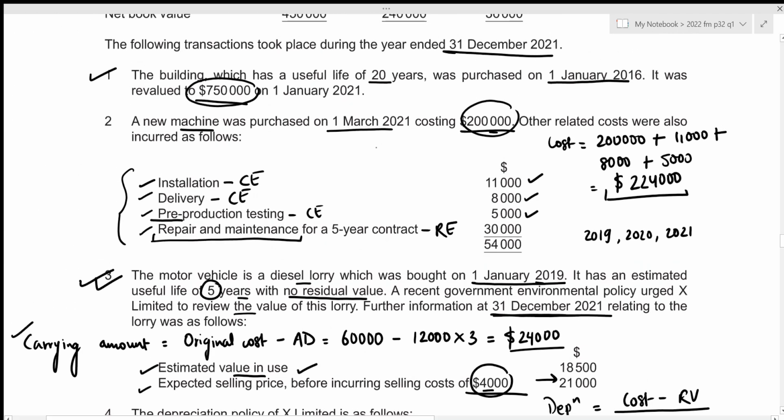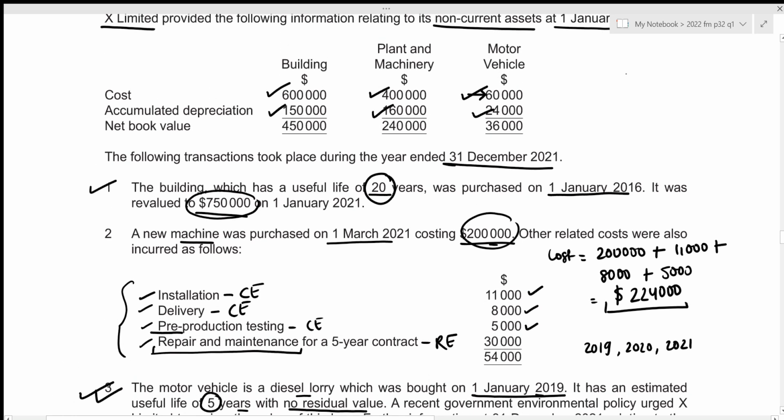All right, we can see that the building, which had a useful life of 20 years, was purchased on 1st January 2016. But since it is now being revalued at the date of 1st January 2021, so this is 2016, 17, 18, 19, 20, and then 21.